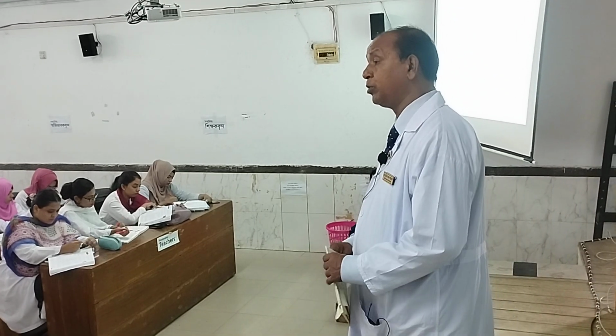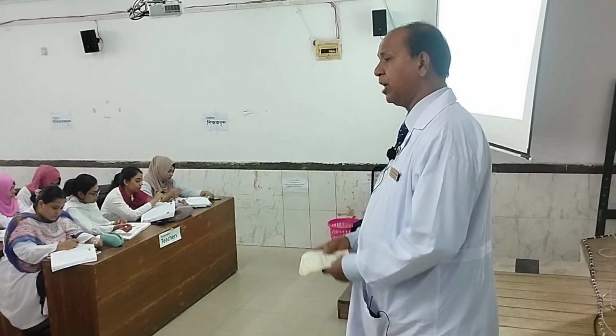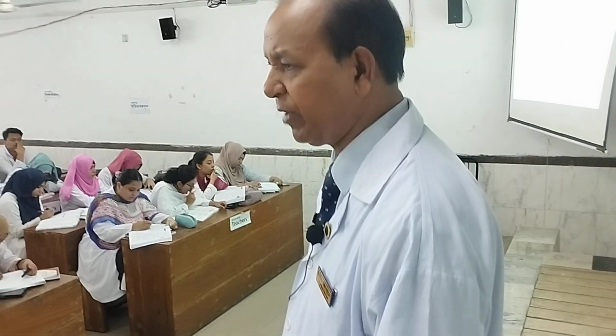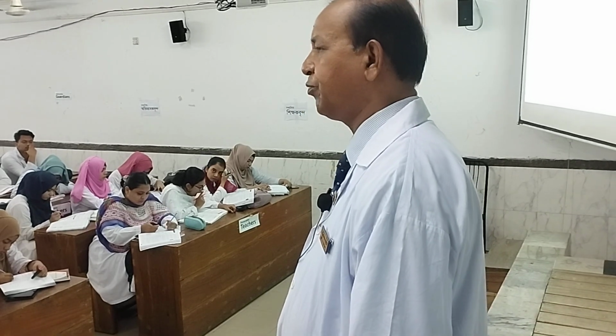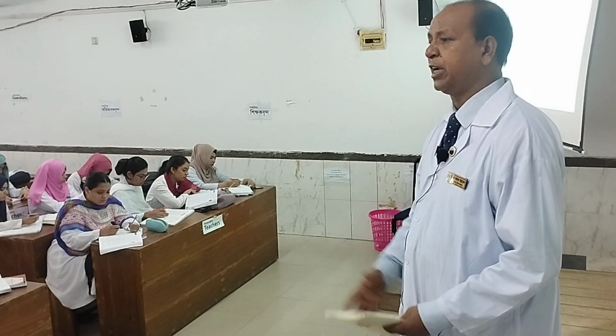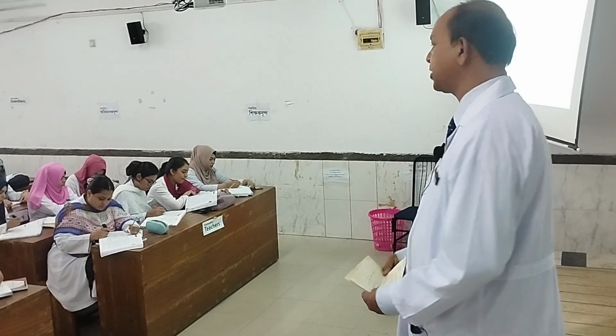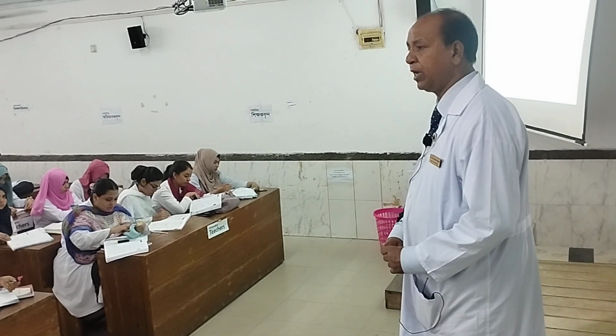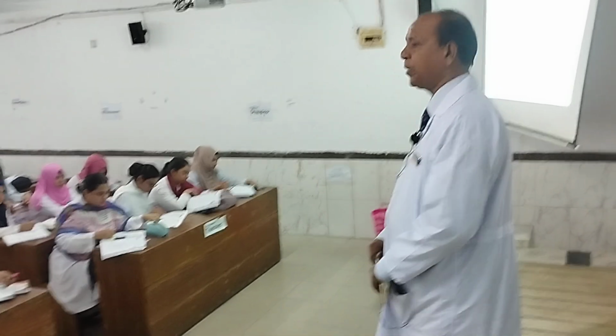Sometimes we give methylprednisolone, 20 milligram per kg of the body, for 2 to 4 weeks like this. Finally, the specific treatment is bone marrow transplantation. Remember this. Bone marrow transplantation is the final treatment of aplastic anemia. Thank you very much for your patient hearing.